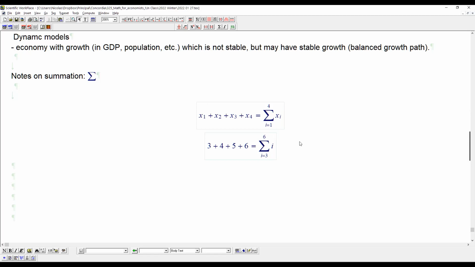All right. So some properties: the sum from i equals 1 to n of xi plus another sum, but importantly, that has the same limits, so 1 to n and 1 to n, then this is addition, right?